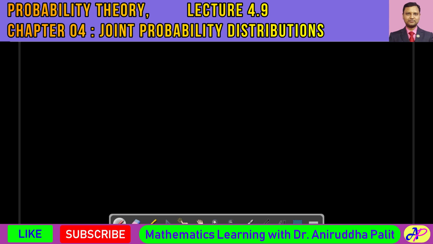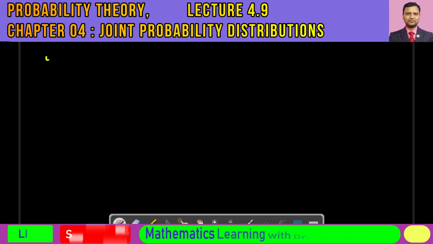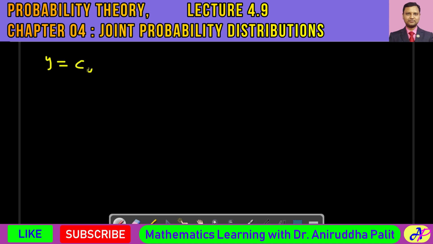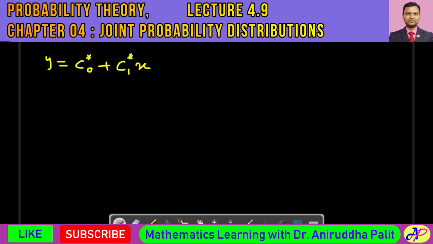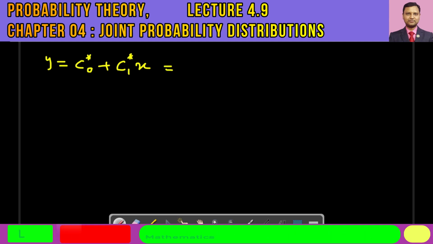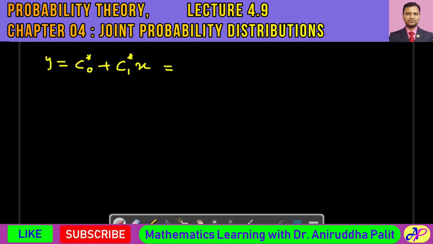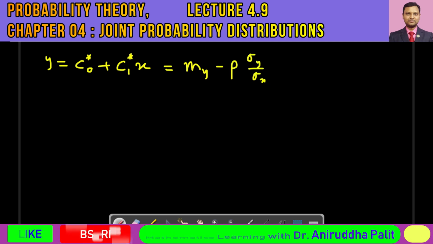Now, what was the regression line? We took y is equal to C0 plus C1 into x. So now if we put C0 star in place of C0 and C1 star in place of C1, we will get the expression. What was C0? C0 was equal to my minus rho into sigma y by sigma x into mx.